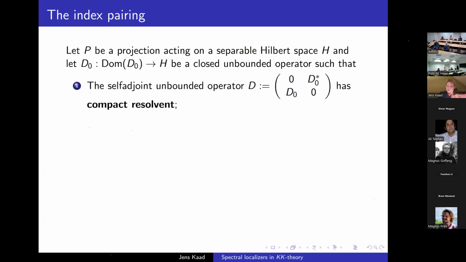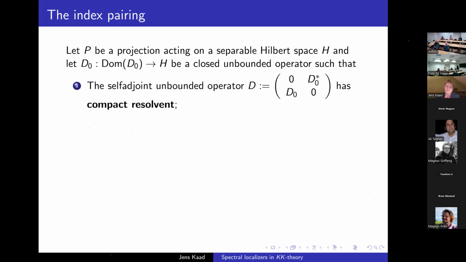In the first condition, I'm saying that this inverse, capital D plus i inverse, is not just bounded, it has to be a compact operator on your Hilbert space. This is said in a brief way by saying that capital D has compact resolvent.